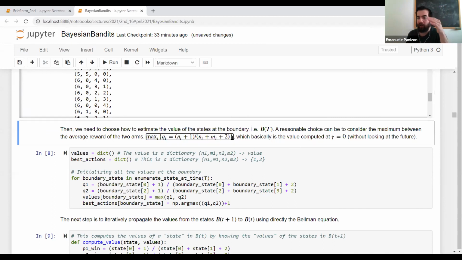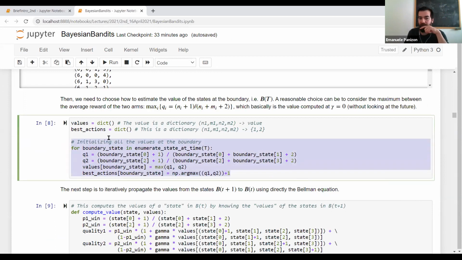I will act on the arm which my belief says is better. Since I have a belief on the two arms, I can exploit this information. I don't care now about the variance of the belief. My current belief is that on average one arm is better than the other, and I will act on that.